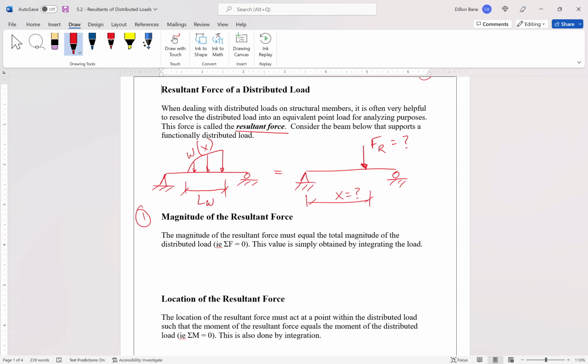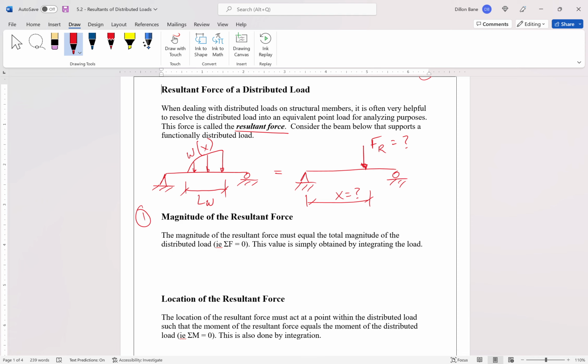So you can imagine every foot along the length of a beam, you have 100 pounds. Say that load is 10 feet long. 100 pounds per foot for 10 feet, total load is 1,000 pounds. 100 times 10. That's pretty easy to visualize for a uniform load. That makes sense.